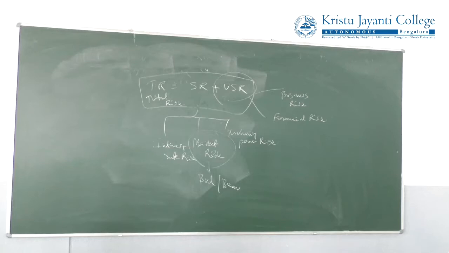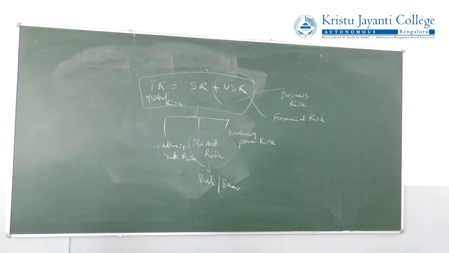Business risk refers to what? The fundamentals of a business. Lack of quality raw materials, lack of quality human resource, labor turnover, human resource turnover, retention, lack of training, lack of quality machines.